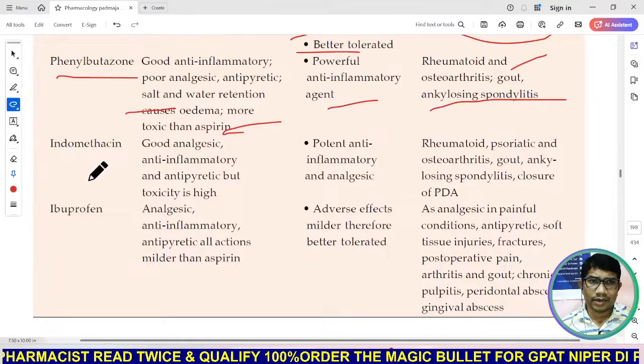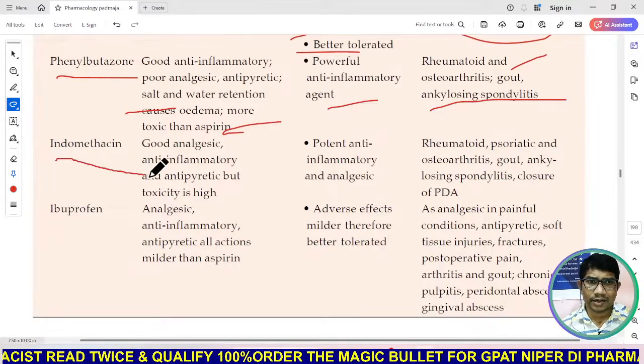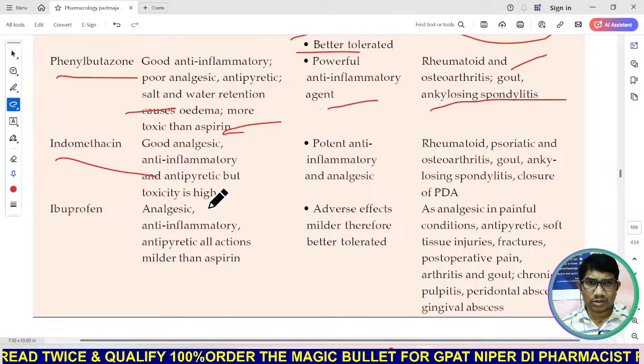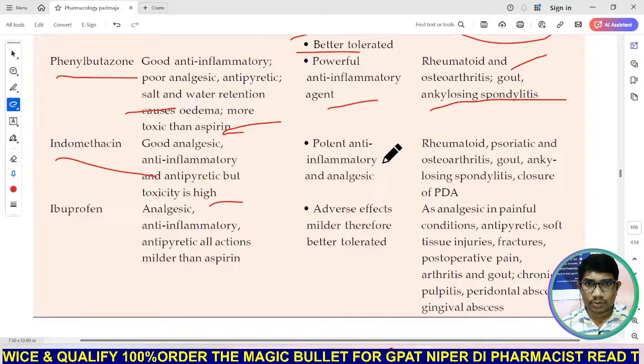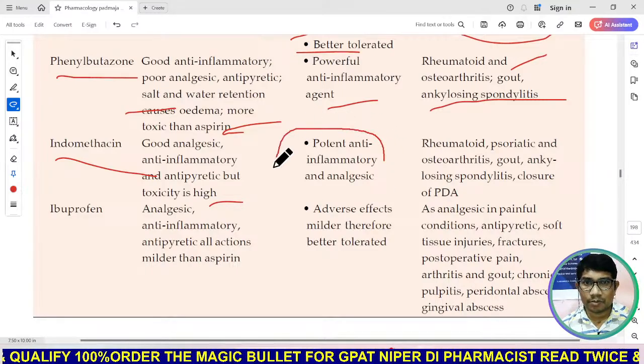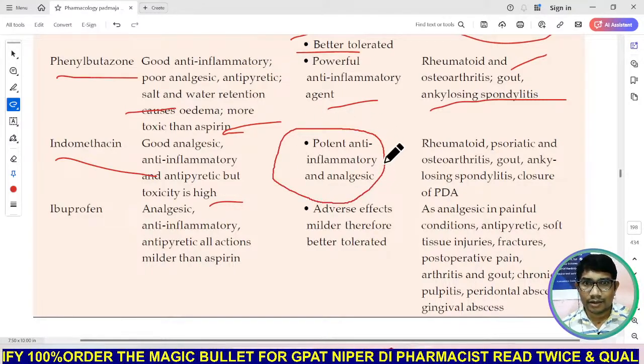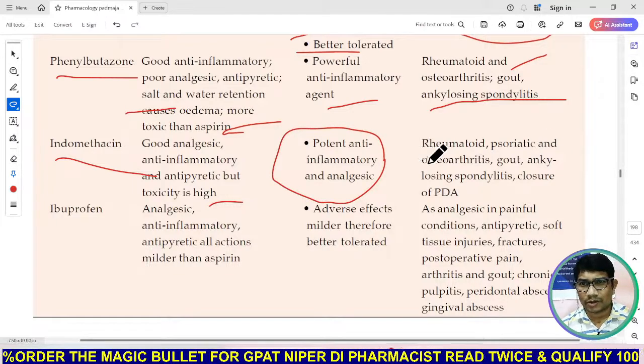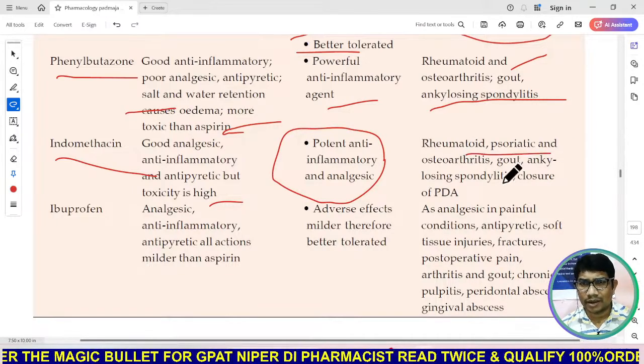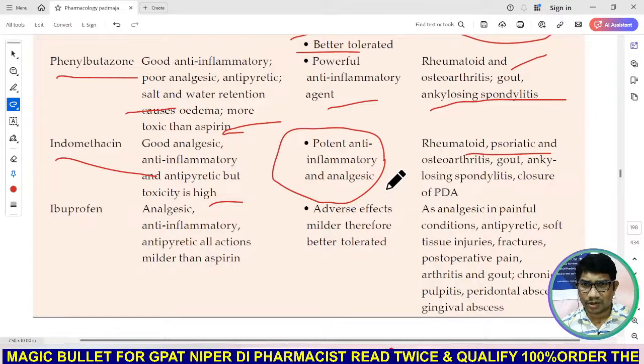Indomethacin, again, is a good analgesic, anti-inflammatory and antipyretic, but it is toxic in a high dose. It is a potent analgesic, anti-inflammatory drug. Used in rheumatoid arthritis, psoriatic arthritis, gout, ankylosing spondylitis.